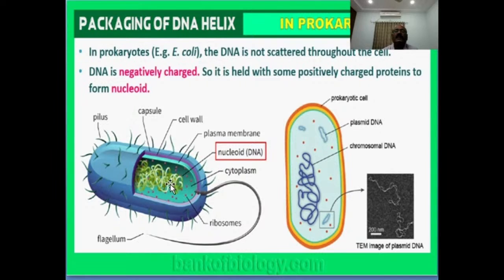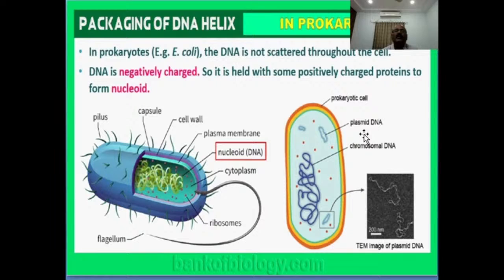DNA is associated with some proteins. In the prokaryotic cell, this is a plasmid. Plasmid is a circular DNA. Whereas chromosomal DNA is not a circular DNA. It is a double strand helical one, called chromosomal DNA or nucleoid. Whereas plasmid is a circular DNA, also a double strand structure.